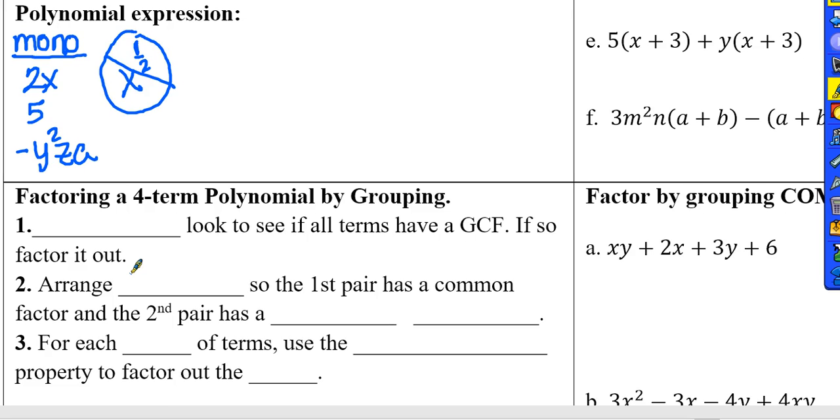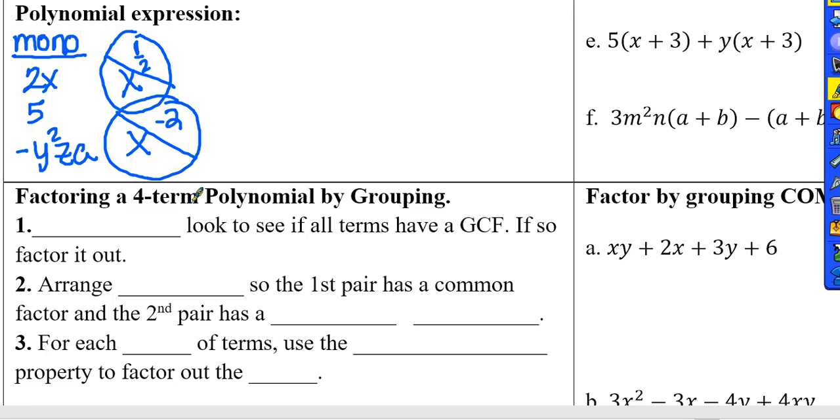Our variables can't be under a radical, and they can't be in a denominator. So another thing that is not a monomial or a polynomial would be like x to the negative 2, because that will put your x in the denominator. That's not a polynomial. That's a rational expression.